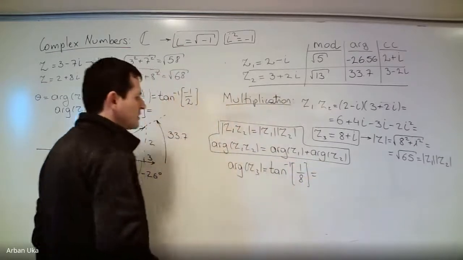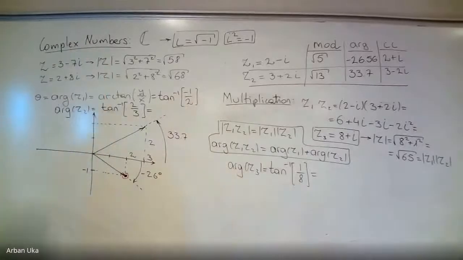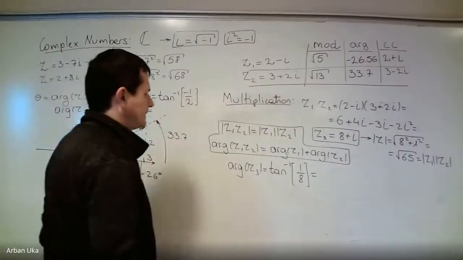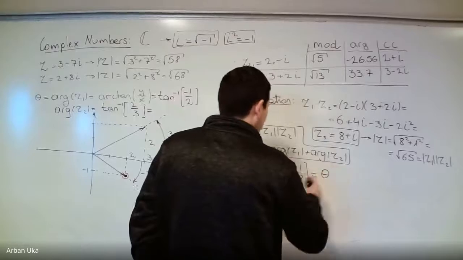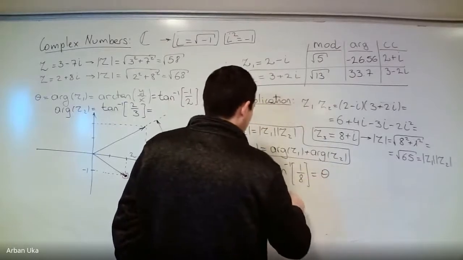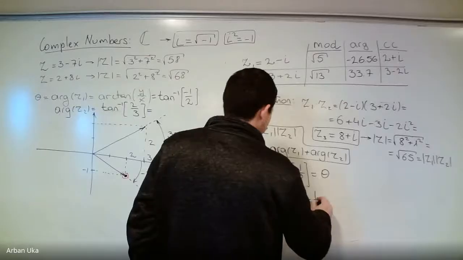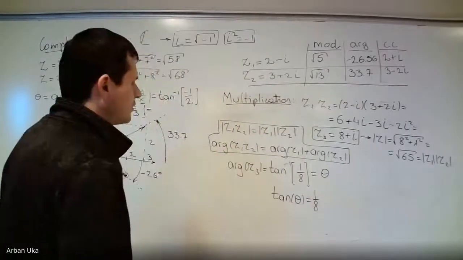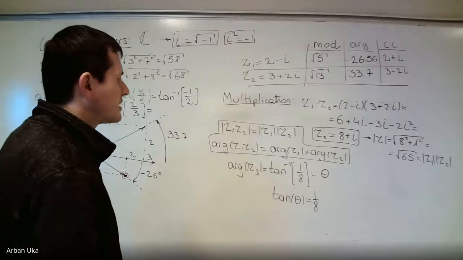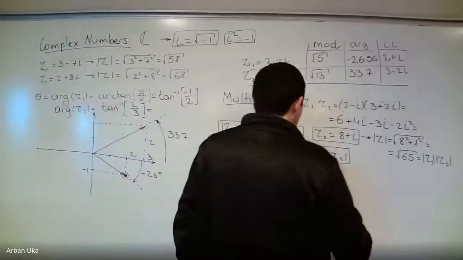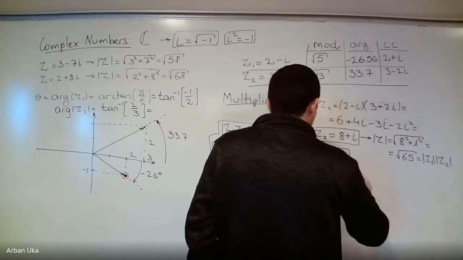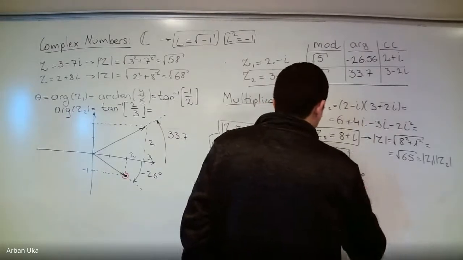So, what angle has a tangent equal to 1 over 8? 7.12 approximately. So, apparently this is equal to 7.12 degrees.